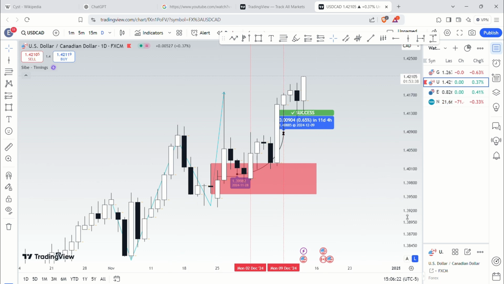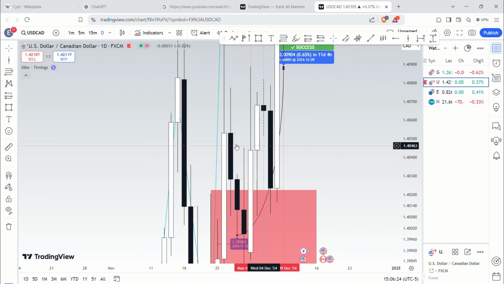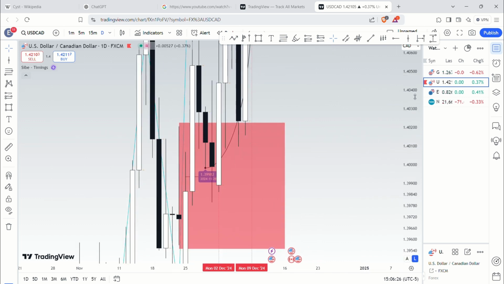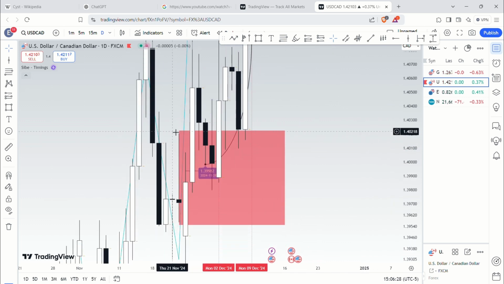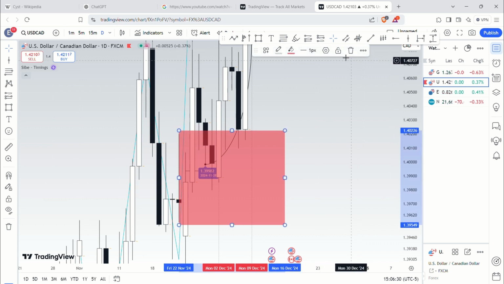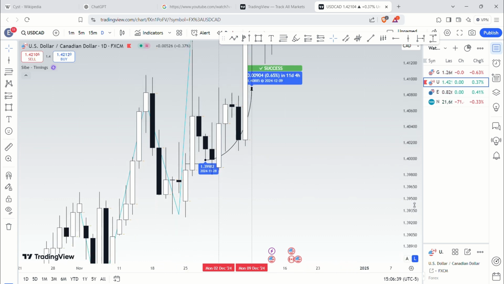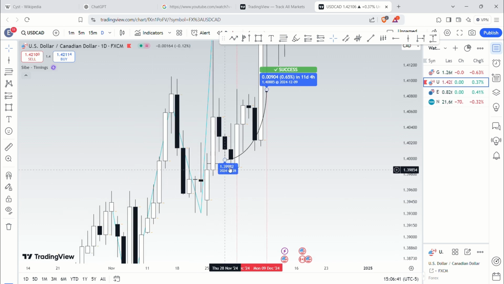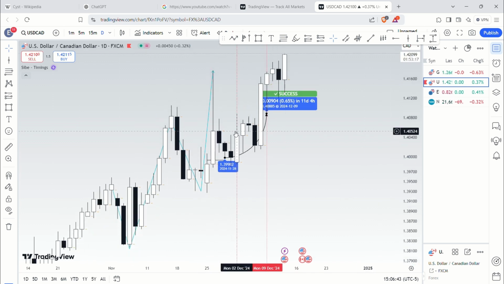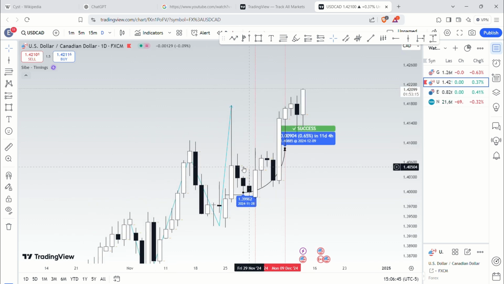And if we look closely, for those of you who have been following, this particular order block had an imbalance, which was here. And this particular imbalance was filled right before Monday. So we have another criterion that meets our trades, the fact that an imbalance has been filled.